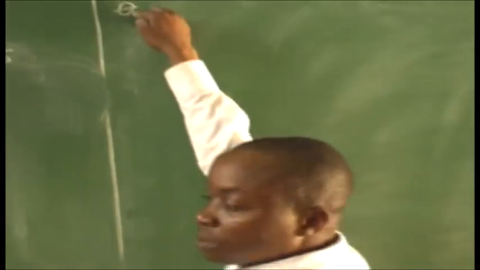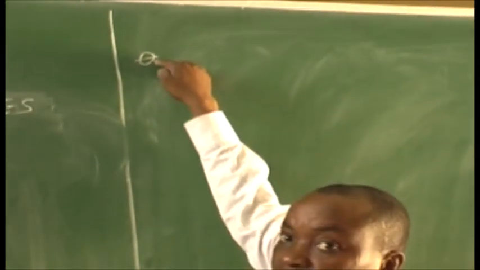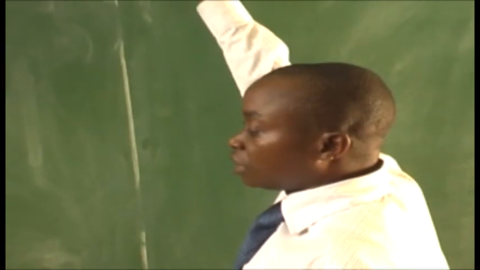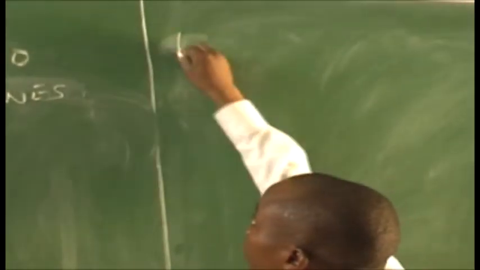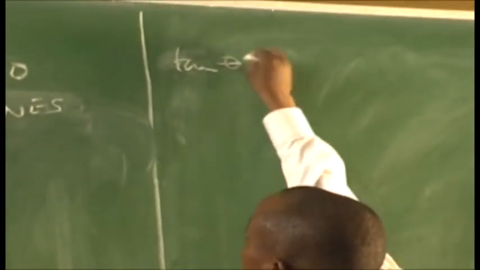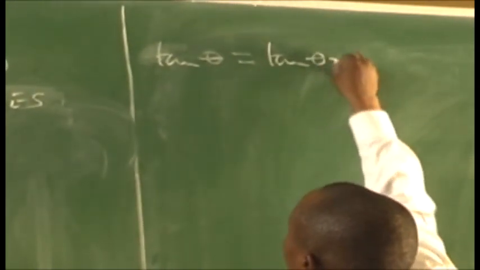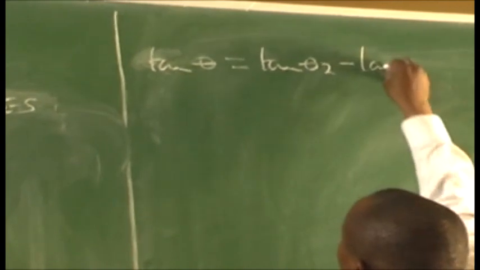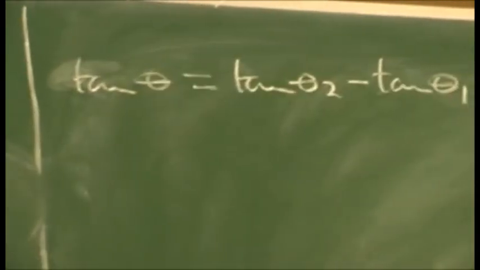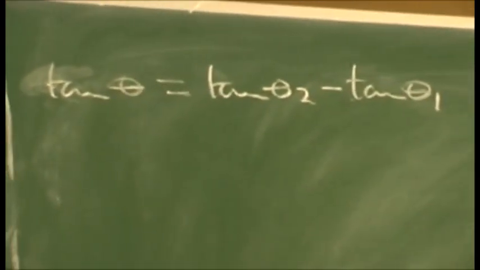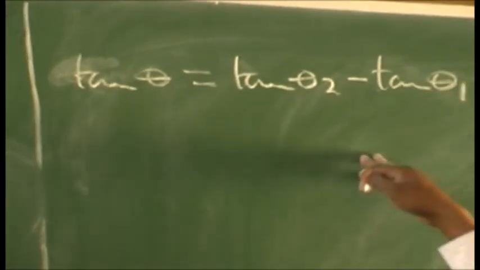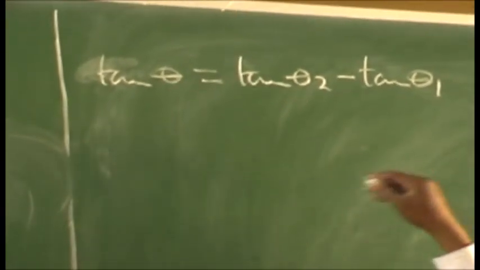But we know very well that we can take the tan of theta. And so we can say that tan theta is equal to tan of (theta 2 minus theta 1). We just finished angle of slope, and we saw how tan theta is the same as the slope.